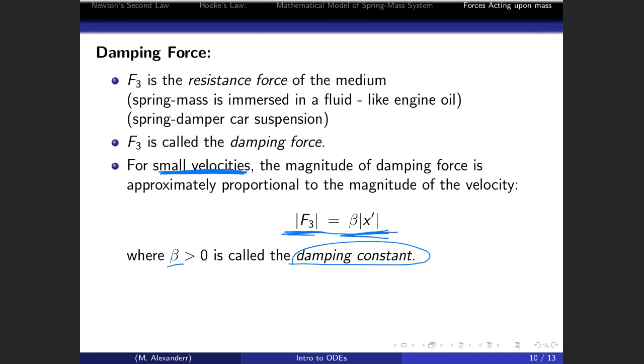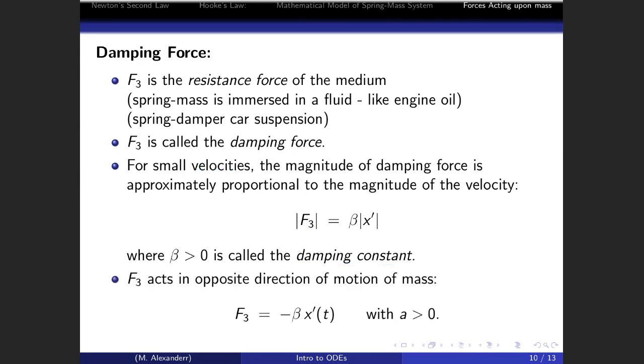The damping force is going to be acting in the opposite direction of the motion, so we are going to put a negative sign in the formula. So the damping force is negative beta, which is a positive number, times the velocity. So opposite the motion. All right, so that's the damping force.